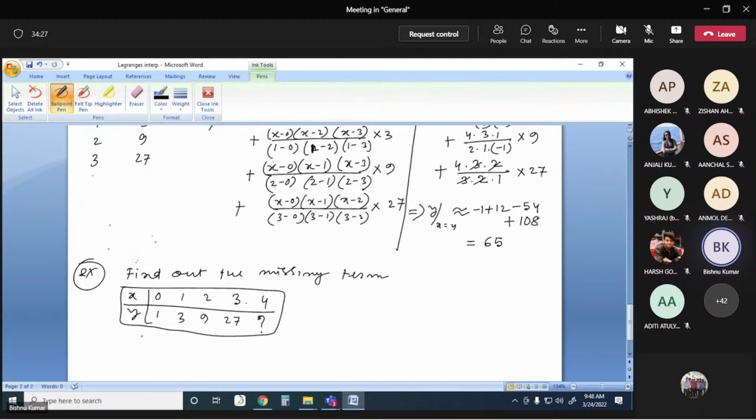So to calculate this, you may use any technique. Suppose this is the given data set. In the given data set, x values are equally spaced. The asking point is x equals 4.